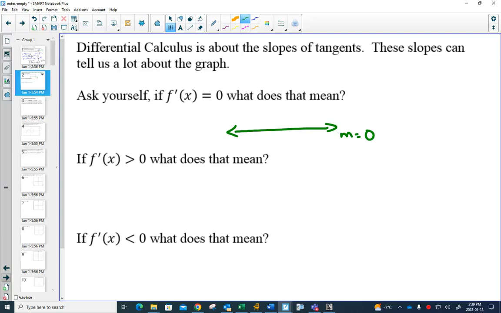When do you have tangent lines that are flat on a graph? If I pick some cubic graph here, I would have a flat one there and a flat one there.